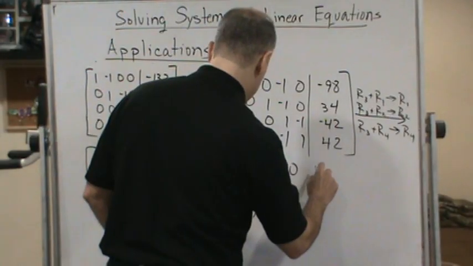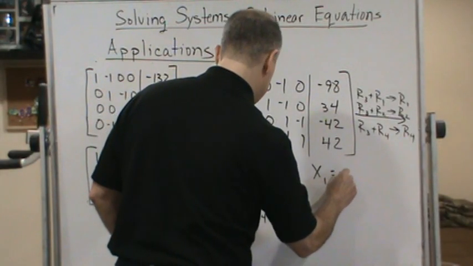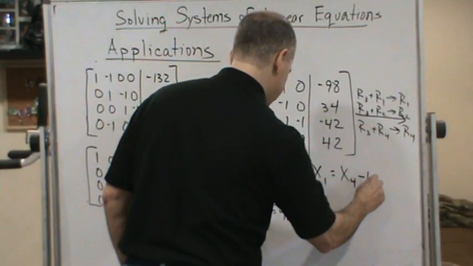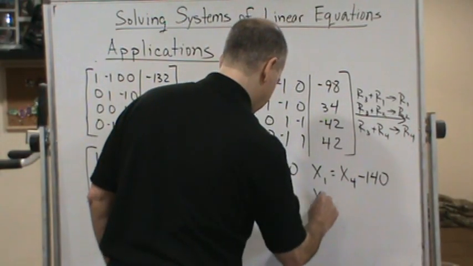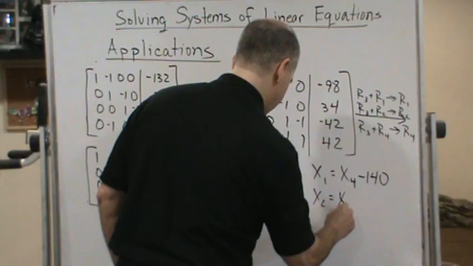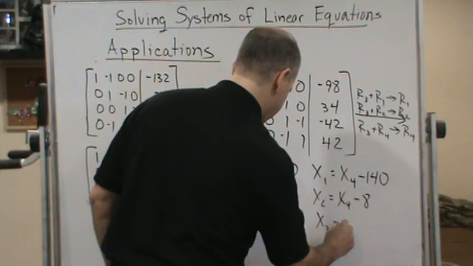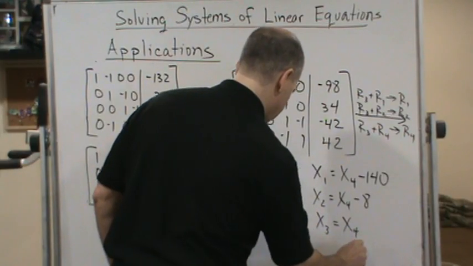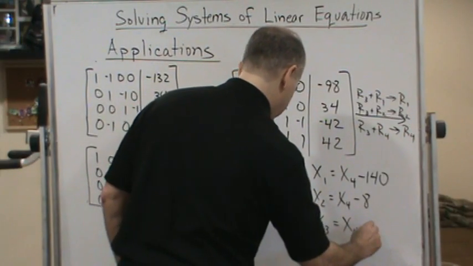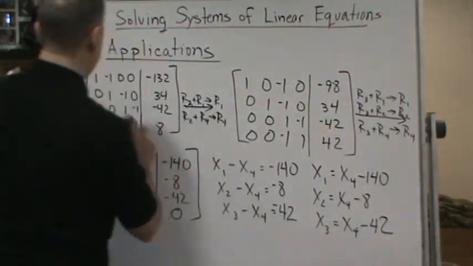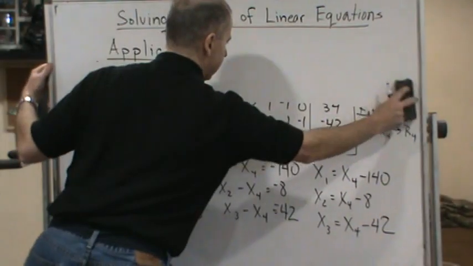X1 is equal to X4 minus 140. X2 is equal to X4 minus 8. And X3 is equal to the flow rate of X4 minus 42. So that's the three equations that we get out of it.